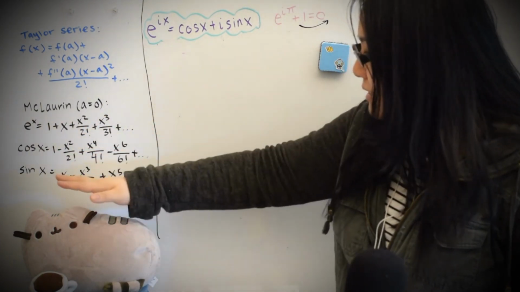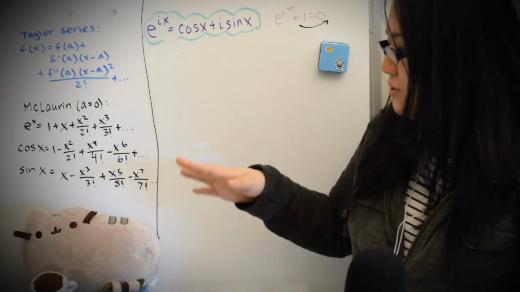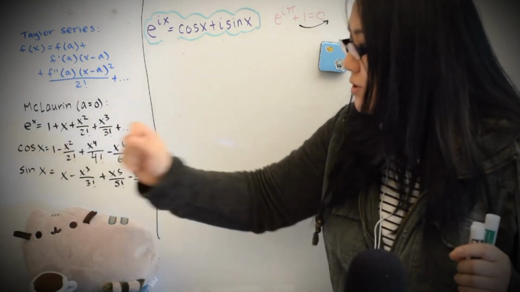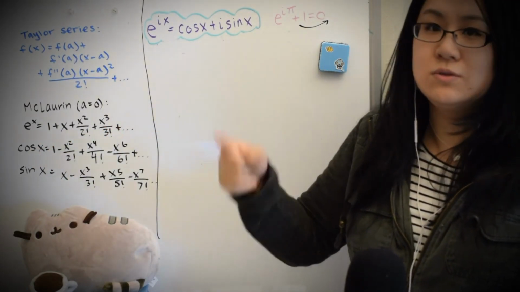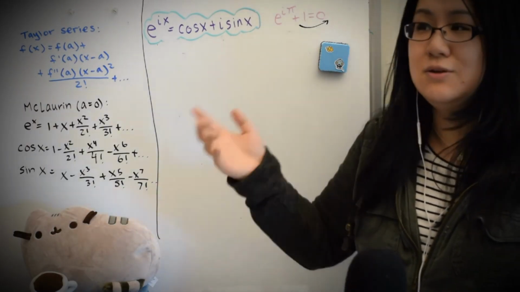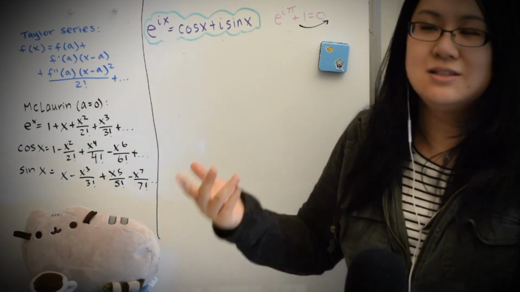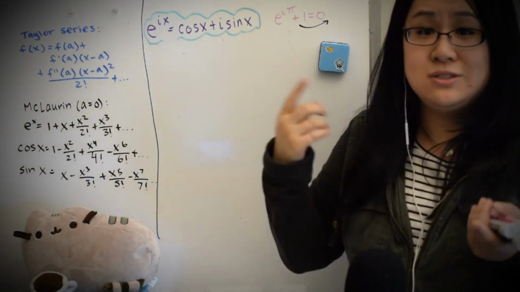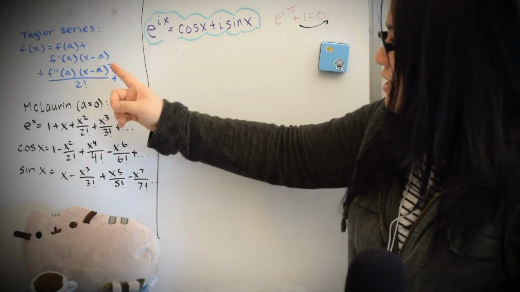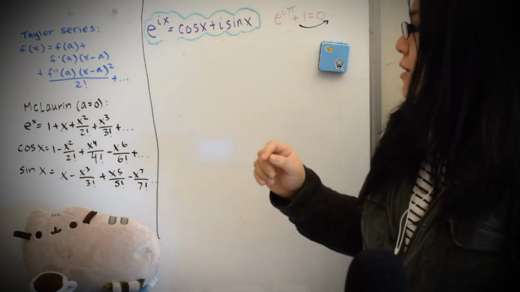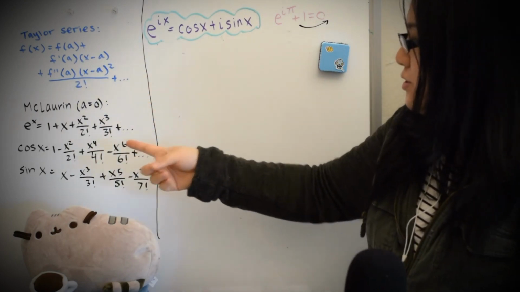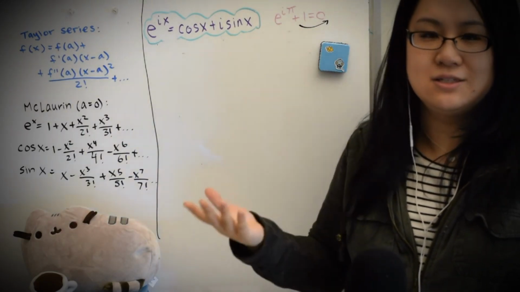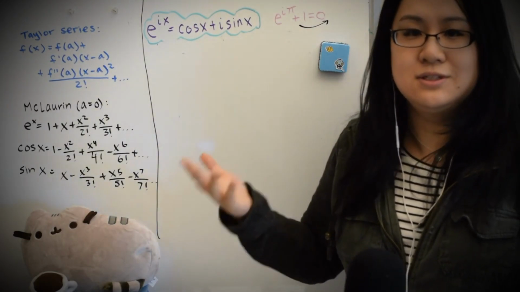And for cosine and sine, it's actually not too bad. It's actually really cool, because if you remember the derivatives of these trig functions, for instance, the derivative of cosine x is negative sine x, the derivative of negative sine x is negative cosine x, the derivative of negative cosine x is sine x, and the derivative of sine x is back to cosine x. So it's cyclical. If you plug in x equals 0 into those, you can notice that all of the sine terms are going to go away, because sine 0 is 0, and negative sine 0 is 0 still.